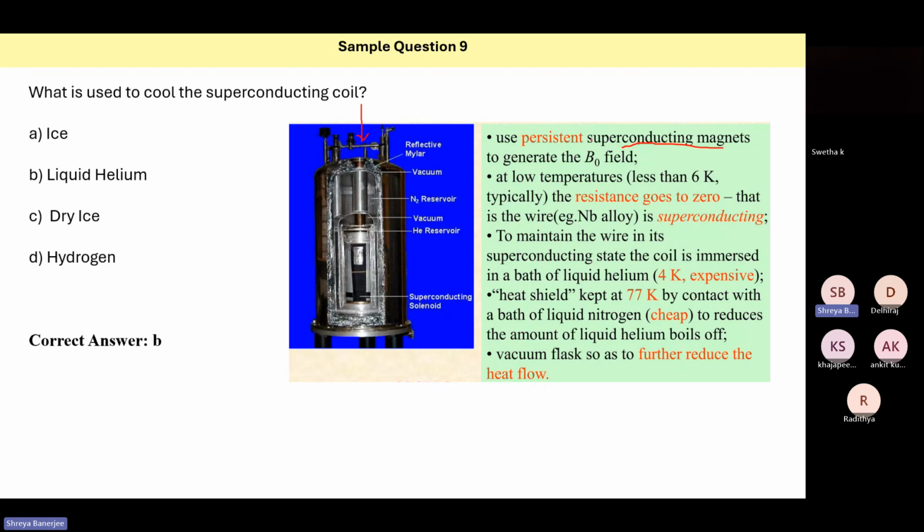Superconducting condition can happen only when the temperature is very low. Liquid helium has a temperature of 4 Kelvin, which is one of the lowest known temperatures, which is why liquid helium is used to cool the magnet which produces the B0 magnetic field. So your answer is B.